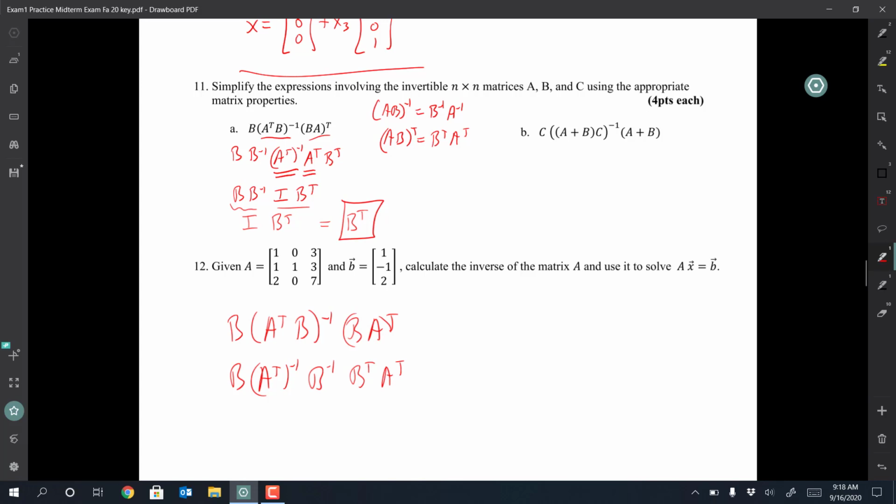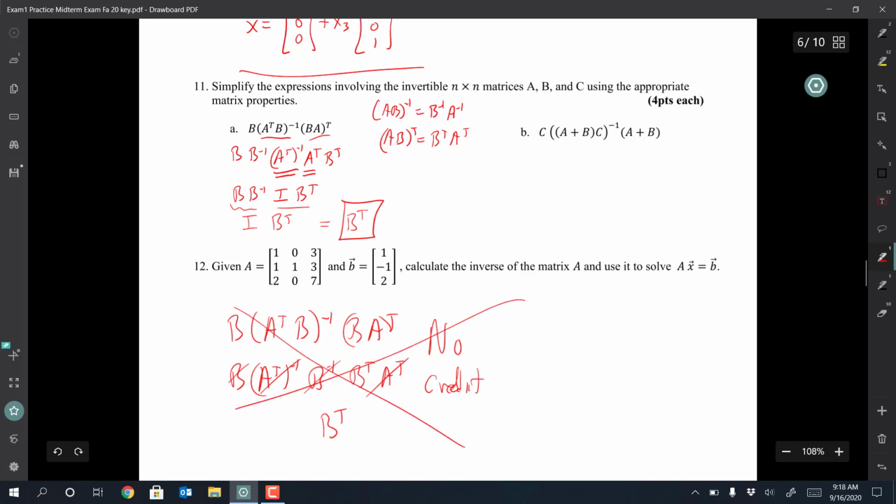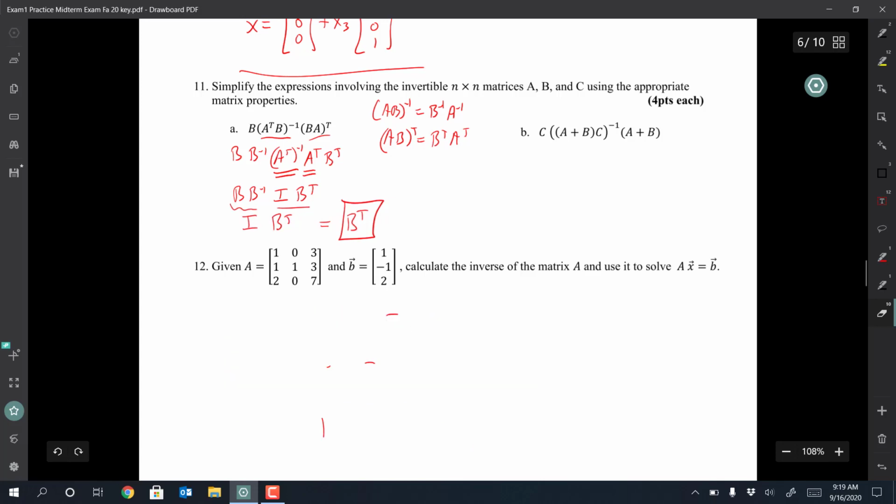And then they simply cancel terms like this, which is also not acceptable because multiplication is not commutative, but coincidentally for this problem, it comes out to the right answer. There is no credit for these improper calculations. That is no good. So make sure that you're using the properties and showing the properties that you're using when you simplify this stuff.